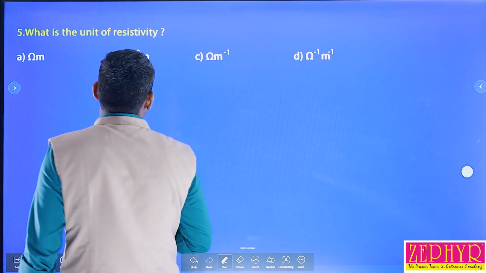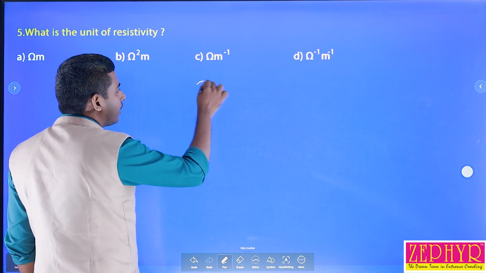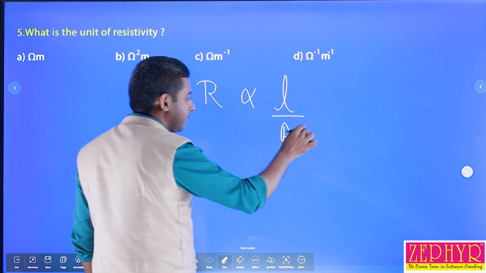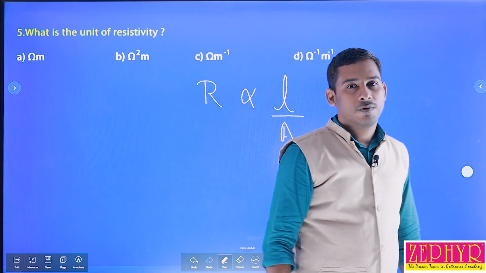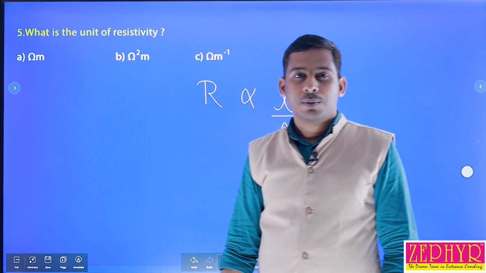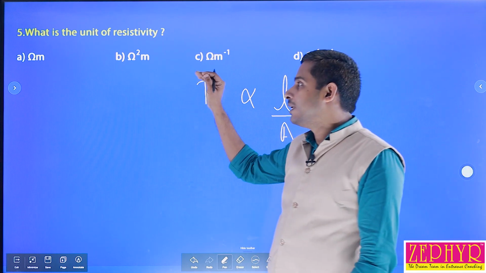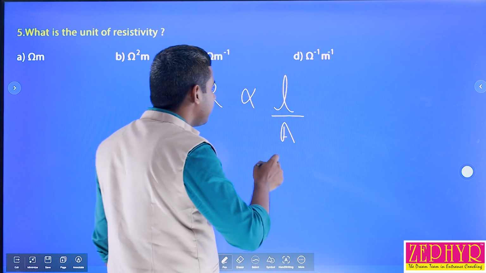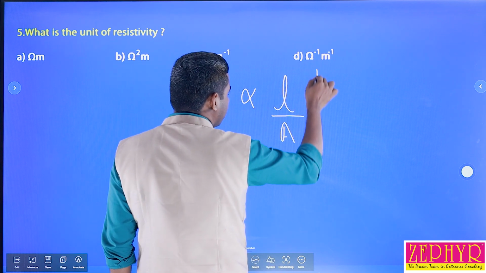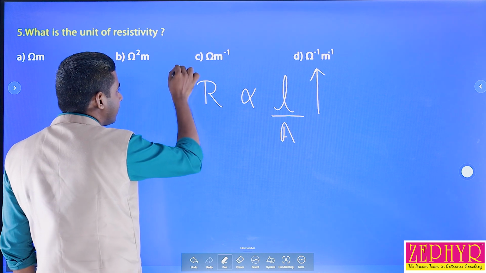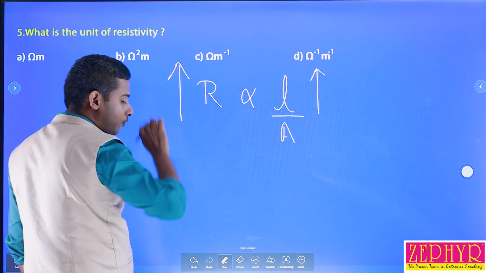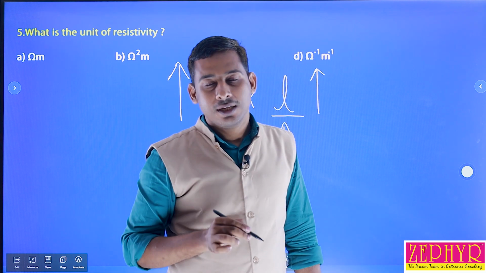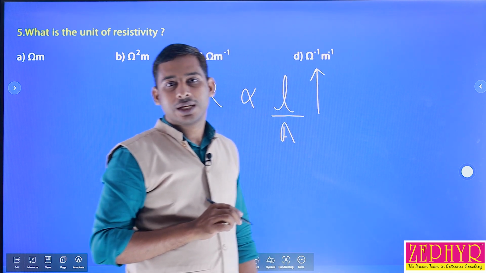So students, we have a relation R proportional to L divided by A. Am I correct? We have the relation R proportional to L by A. What is the concept? If the length is increasing, the resistance also will increase.